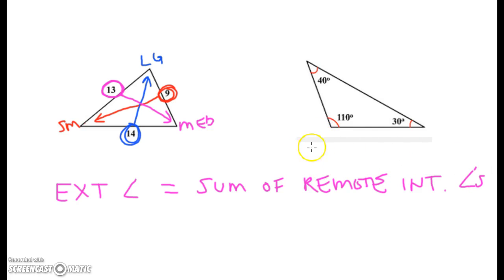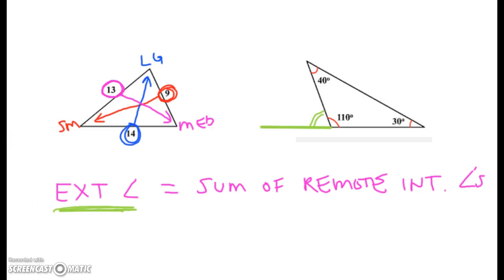All right, so here's what that means. An exterior angle is an angle that sticks out from a triangle. If I wanted to make an exterior angle, I would need to go out from one side. So this angle right here is exterior to the triangle. It's on the outside of the triangle. That's an exterior angle.